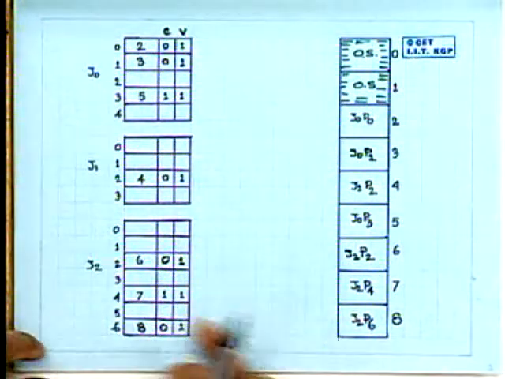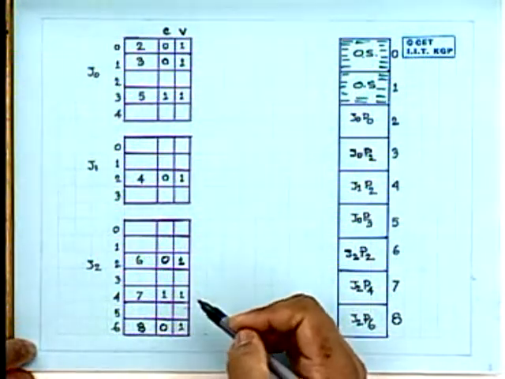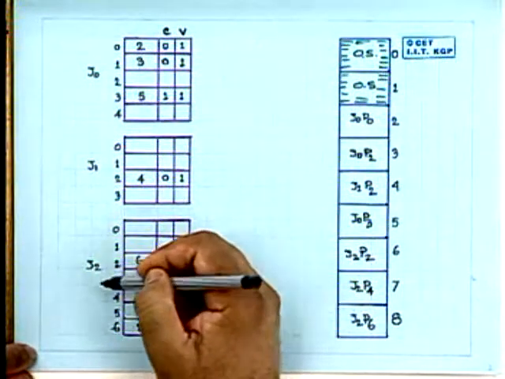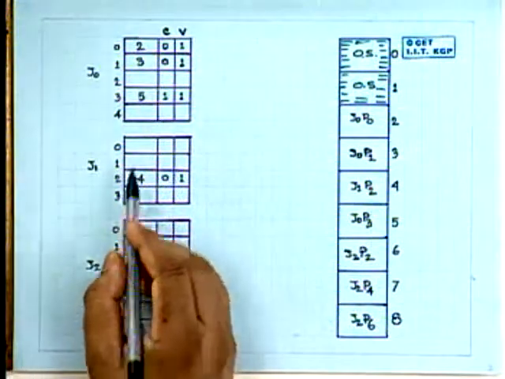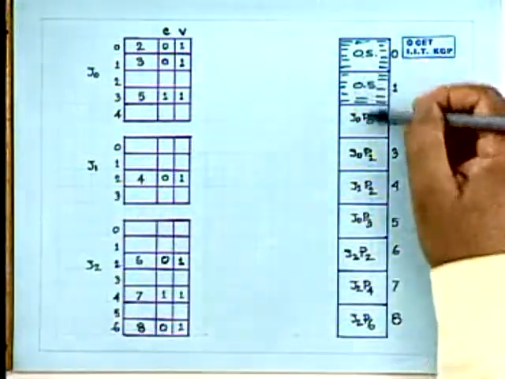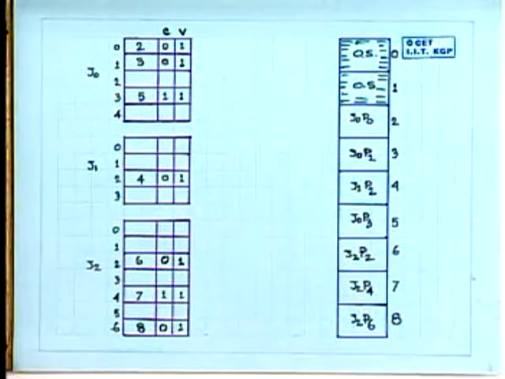J2 goes on executing, so no problem. Then say we switch over from J2 to J1, and J1 now needs page 0, and there is no frame available. Then what do we do? Exactly what we did in the single process case.